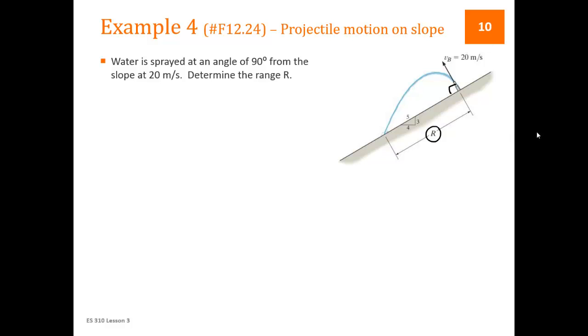Well, we can work in vectors, for example. So we have our initial velocity is equal to VB. The magnitude of that is 20. The direction of that is perpendicular to this surface, right? So it's going to have a part in the x, which is going to be this one, and a part in the y, which is going to be that one.